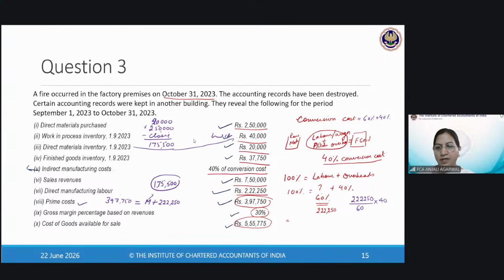I'll quickly recap. What is given to you is the three opening stocks, material purchased, sales, profit as a percentage of sales, manufacturing labor, prime cost, and cost of goods available for sale. So first, 7,50,000 minus 30% will give you cost of goods sold. Okay.